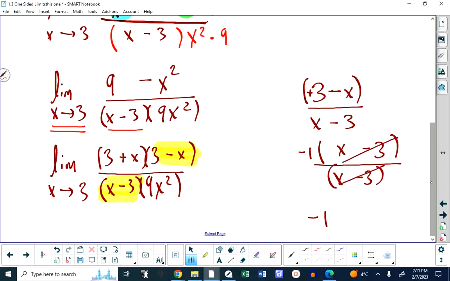and those cancel. And I've mentioned this before, I think it came up one other time. When you see two things that are negatives of each other, like 3 minus x and x minus 3, just cancel them and throw a negative in somewhere. I don't care where. And now we can go ahead and put 3 in.